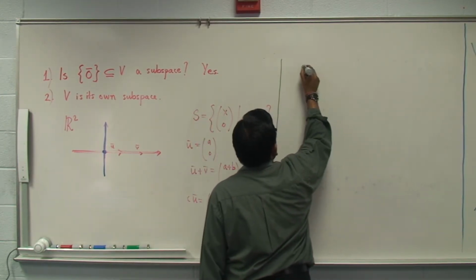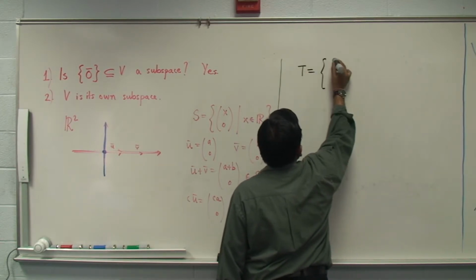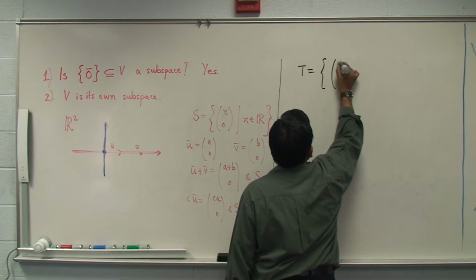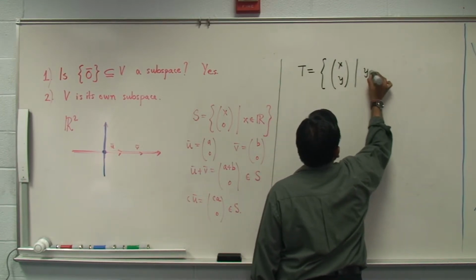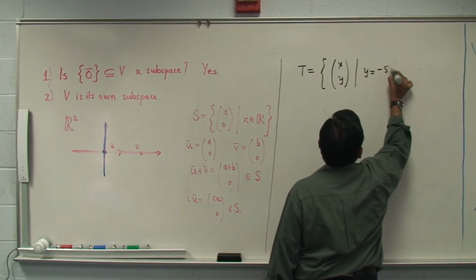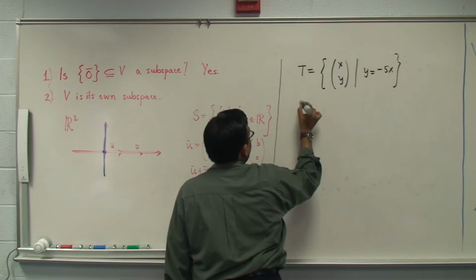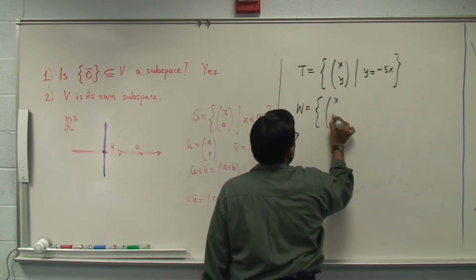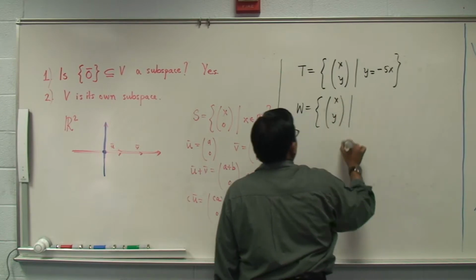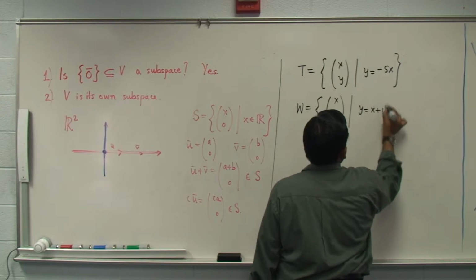So let us look at this set T in R2, such that y is equal to minus 5x. Let's look at this other set W, which is all the vectors in R2 such that y is x plus 1.